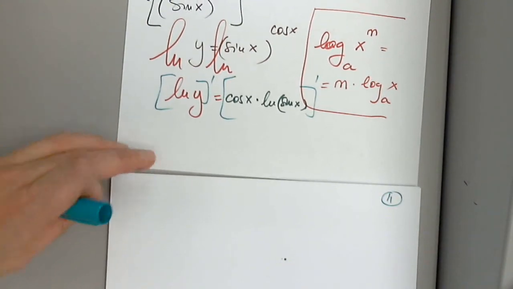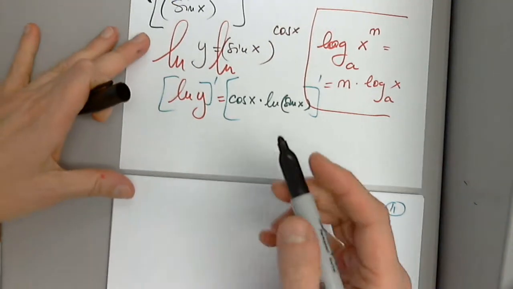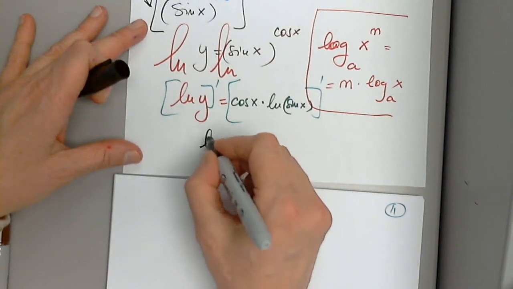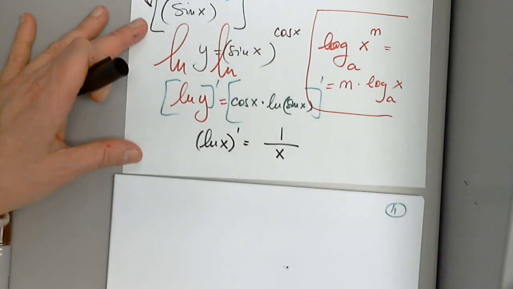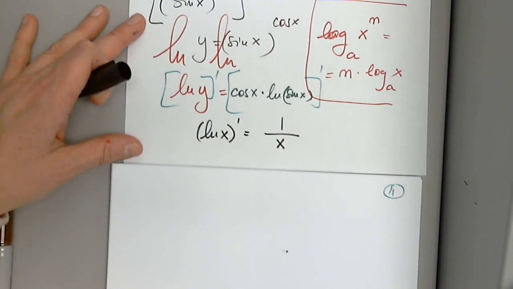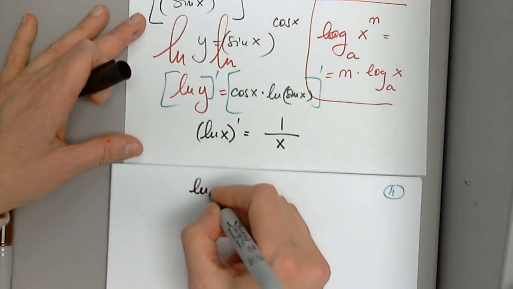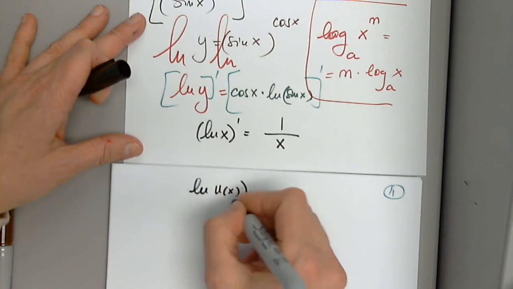Ready? I will show next time why natural log of x prime equals 1 over x. I'll show you that. What do you think about natural log of a function prime?